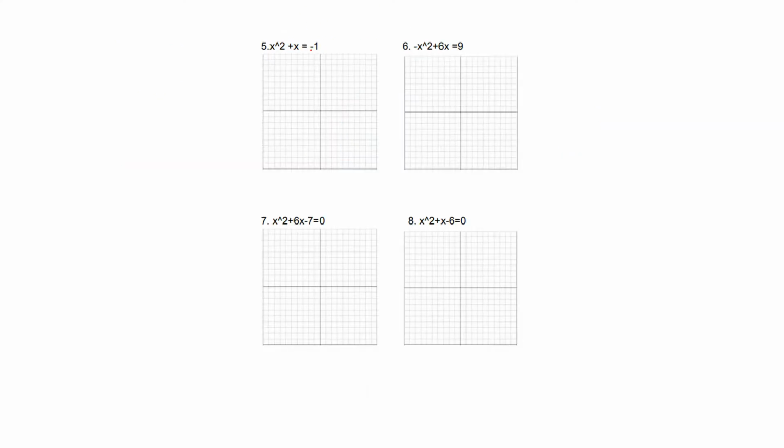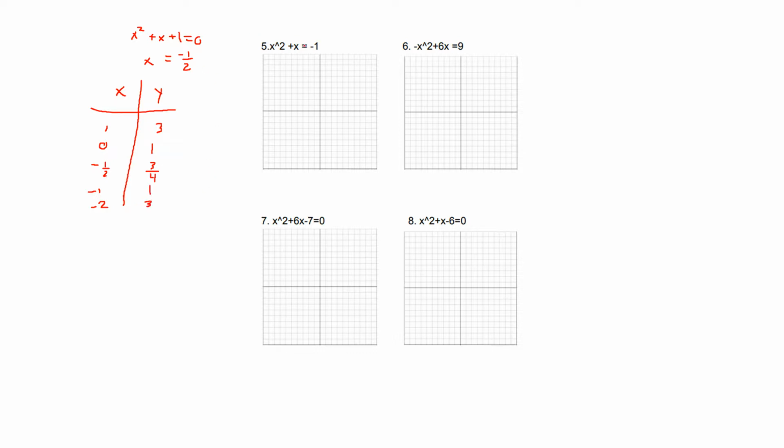Number 5, we find the function by moving the 1 over. Our axis of symmetry is going to be negative 1 over 2. In our little table of values, we have 1, 0, negative 1 half, negative 1, and negative 2. If we plug these in, we get 3, 1, 3 fourths, 1, and 3.